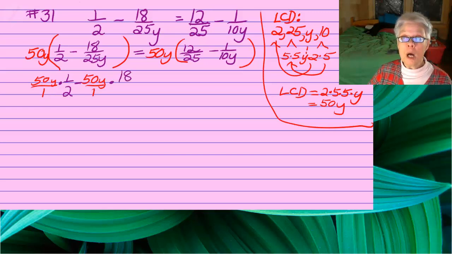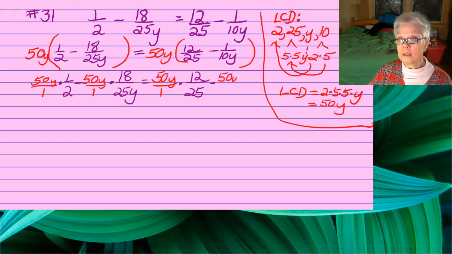So I'll have 50y over 1 times 1/2 minus 50y over 1 times 18 over 25y equals 50y over 1 times 12 over 25 minus 50y over 1 times 1 over 10y.